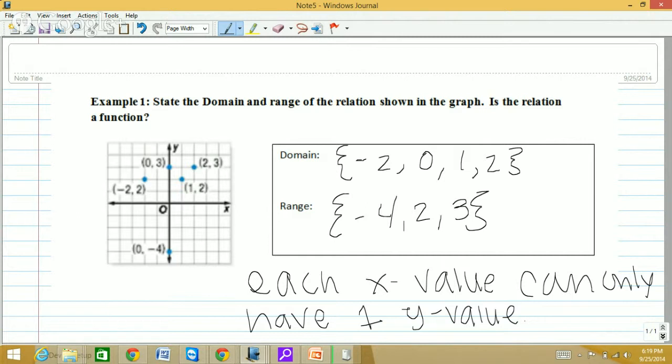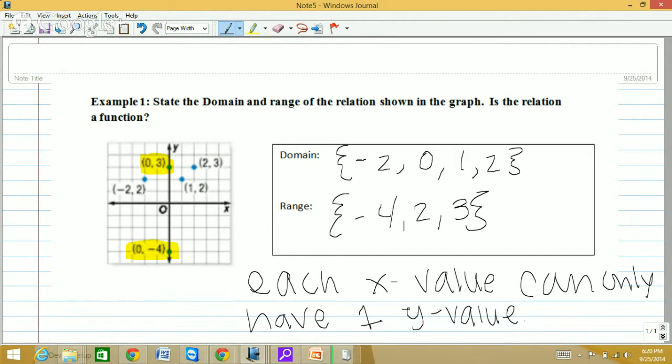It can have multiple repetitions of the same y value, but if it has different y values, it's not going to be a function. So we run into a problem with this function here because this ordered pair right here and this ordered pair right here, they both have the x value of 0, but they have a y value of a 3 and a y value of a -4. So that creates kind of a problem for us in the fact that you can only have one y value. So this is not a function, and you have a box.